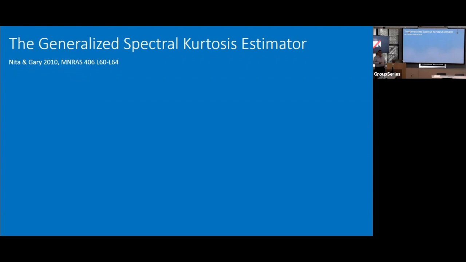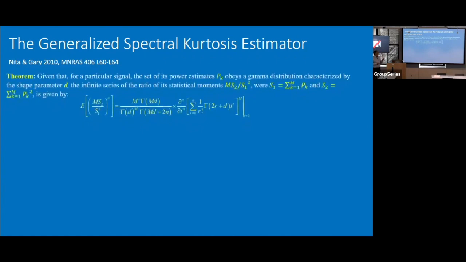To do that, in 2010 we published a paper in Monthly Notices called the Generalized Spectral Kurtosis Estimator, which tries to apply the same mathematical formalism not only to Gaussian distributions, but in general to any signal that obeys a gamma distribution characterized by a shape parameter d.